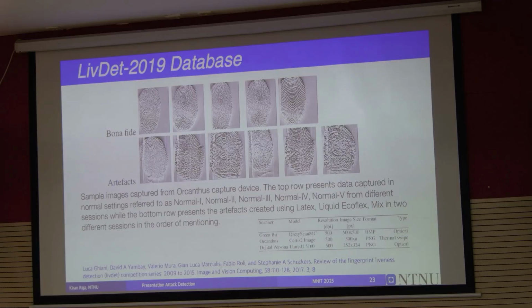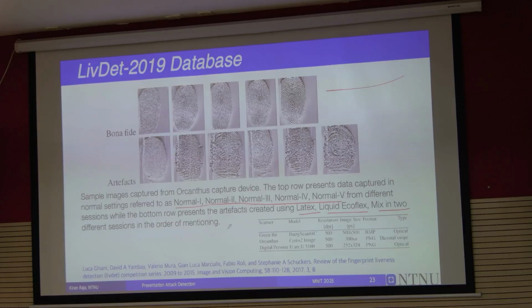Okay, that's the motivation. But here, if you look, there are a number of different kinds of systems that are used to create these artifacts, right? So for instance, you have all these normal images on the top layer here, and then you have the attacks, which are created using LaTeX, EcoFlex, mixing the two different sessions, and a combination of multiple of these things, right?